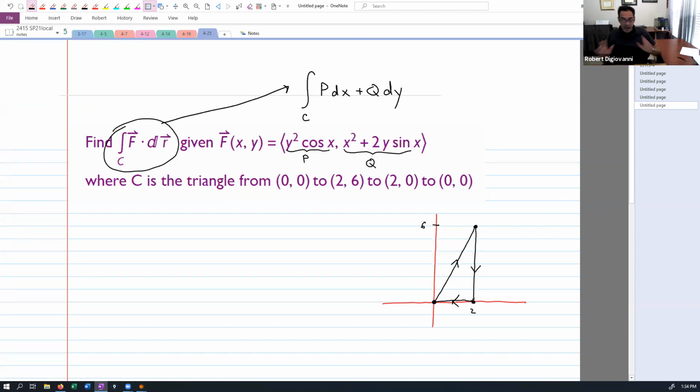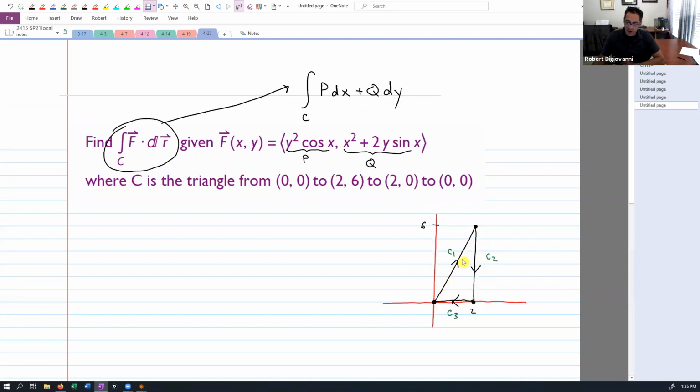Now look, pay attention, this is very important. I have two options on how to do this. I could just do the line integral like we did last class or previous classes. What it would take is me breaking it up into 3 paths. So if this whole path is C, I would have to break it down into maybe C1, C2, C3.